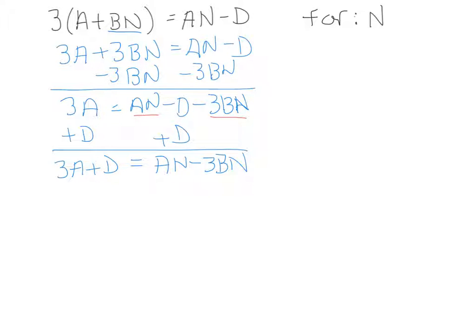Now, the key step here is to collect your n terms, which is to say that you have a minus 3b n terms. If you go to the video on collecting like terms, you'll see why this works.